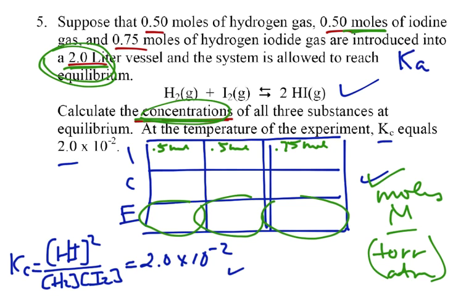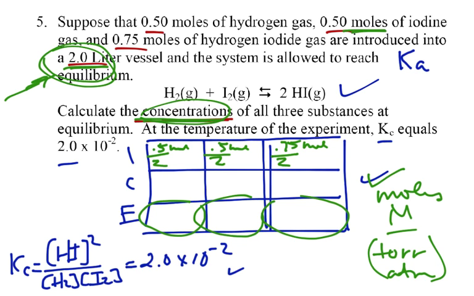If you're the kind of person who forgets a little step like that, you're going to end up with a totally wrong answer. So it might be good to put that in early and get values that are in molarities to start with. That way when you're finished, your values will be molarity. That is a really, really good idea.